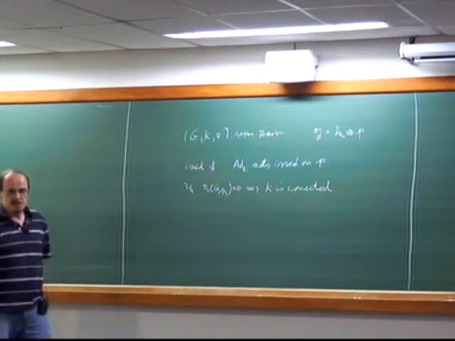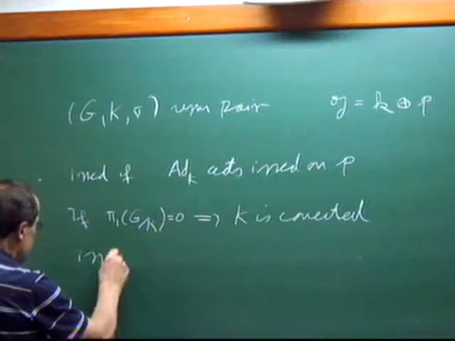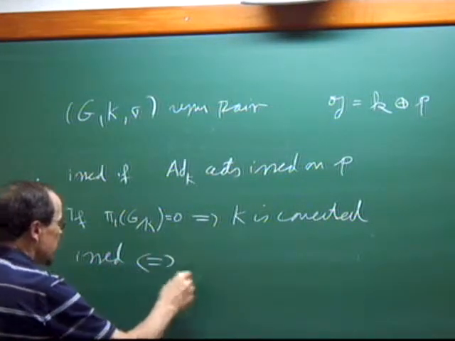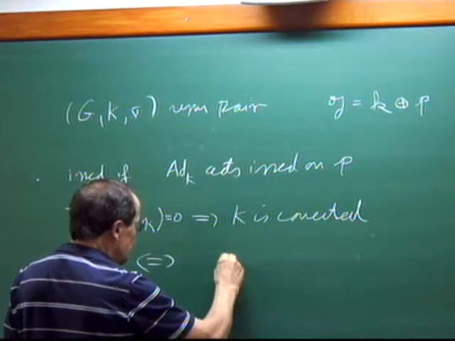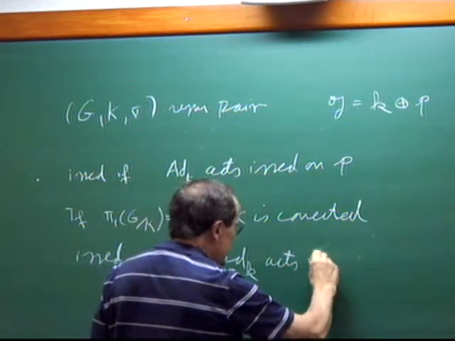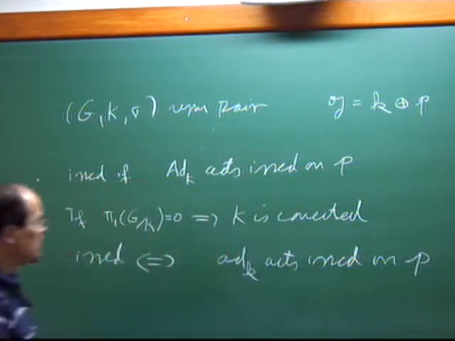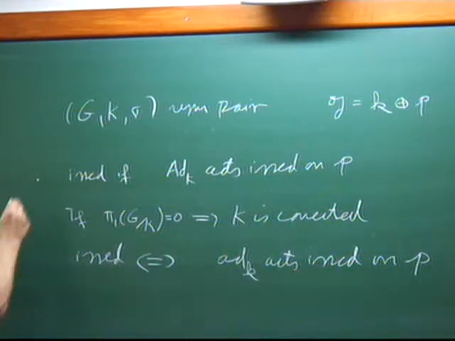This was a consequence of a long homotopy sequence. And so then irreducible is equivalent in this case to saying that little k acts irreducibly on p. So I can reduce it to a Lie algebra statement.